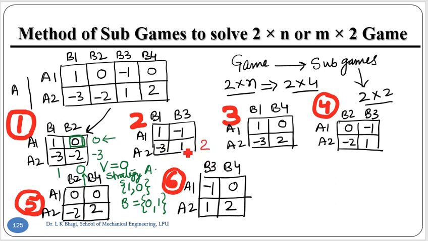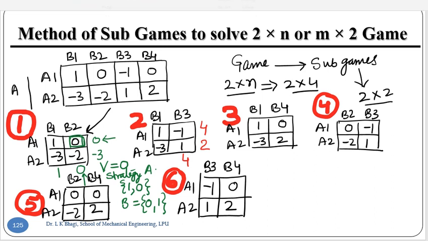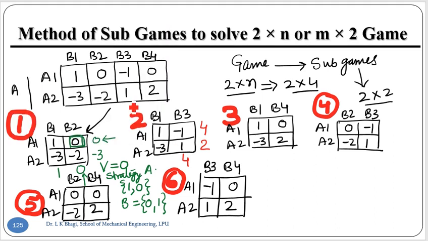And for minus 3 and 1, the value comes to be 1 minus minus 3, so it will be 4, and write over here. And for the columns B1 and B3, 1 minus minus 3 will be 4, and 4 will be written on the other side. Now 1 minus minus 1 will be 2, 2 will be written this side.